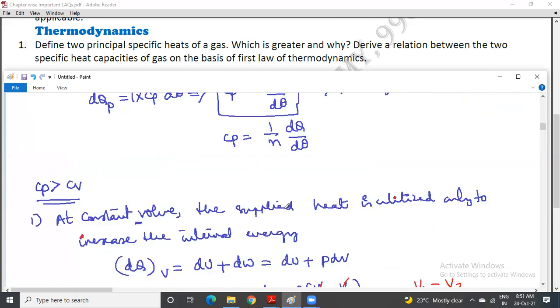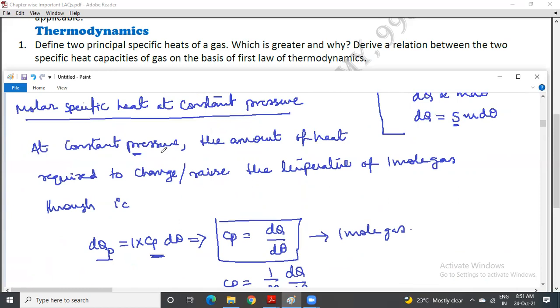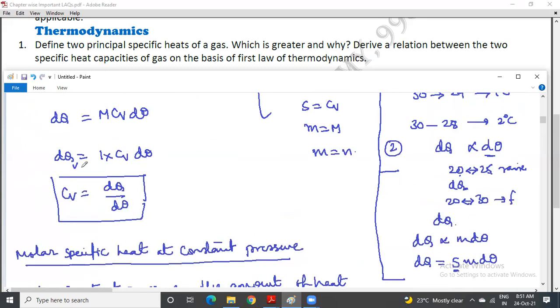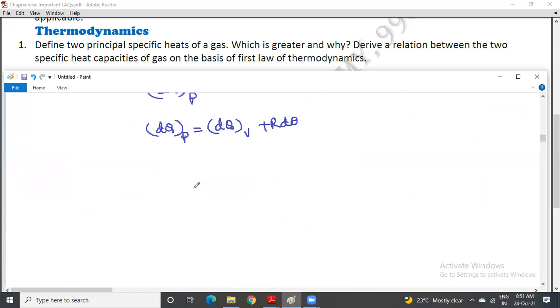Now from the definitions of specific heat, what did you write? dQp equals Cp d theta, and dQv equals Cv d theta. Substituting, Cp d theta equals Cv d theta plus R d theta.